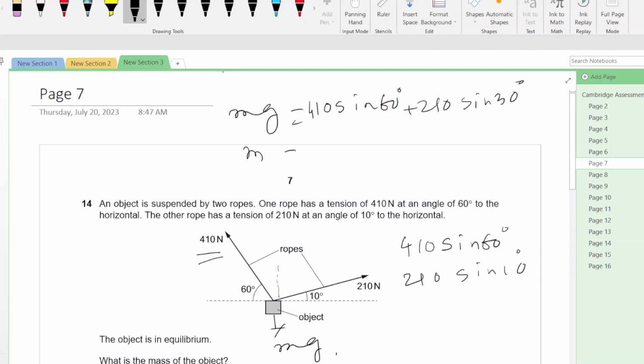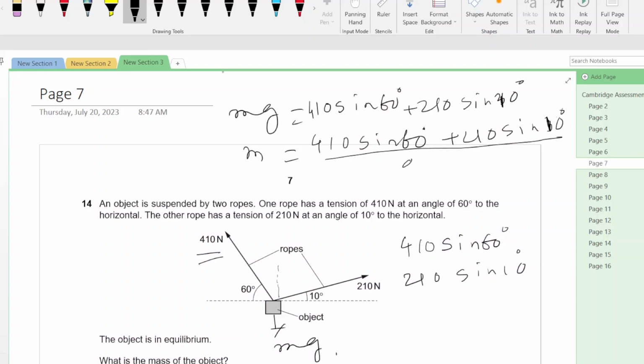Therefore m equals that divided by the value of g, which is 9.81, and this gives 39.91.